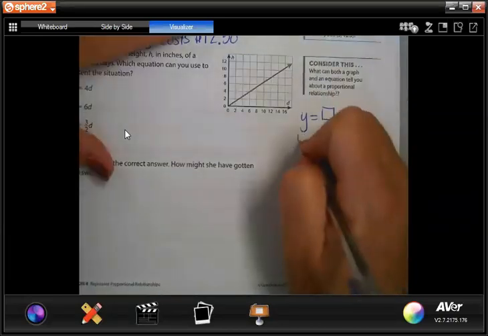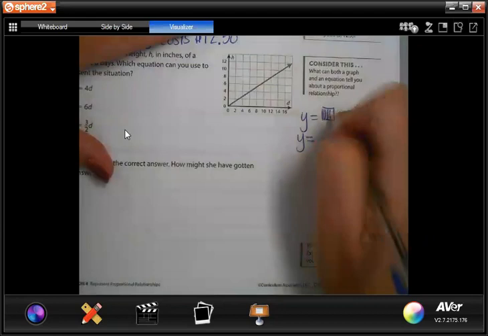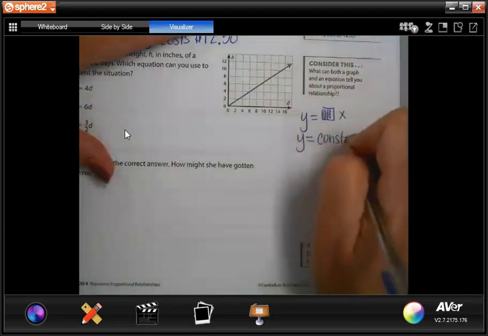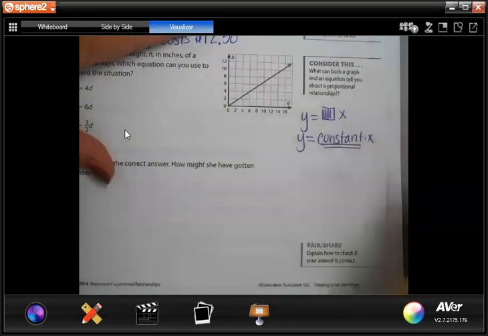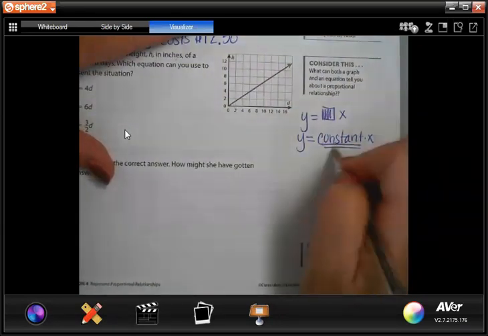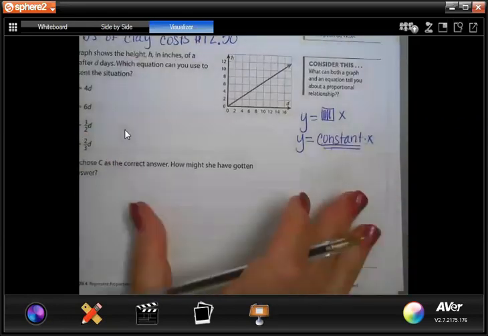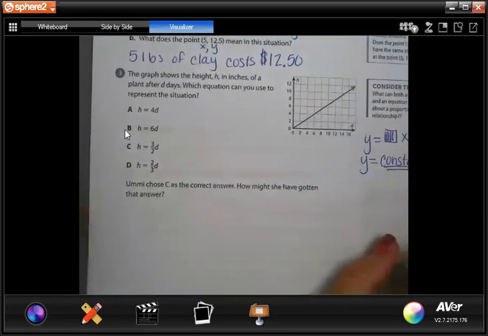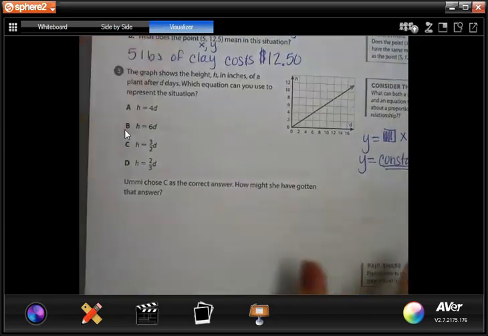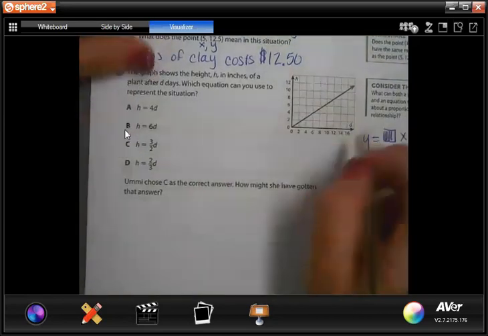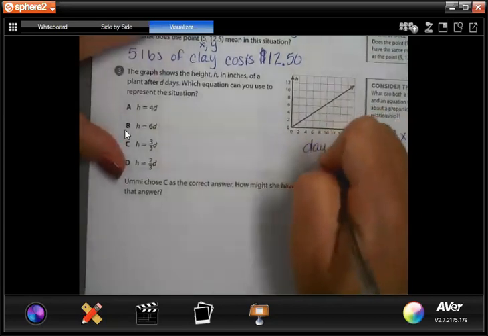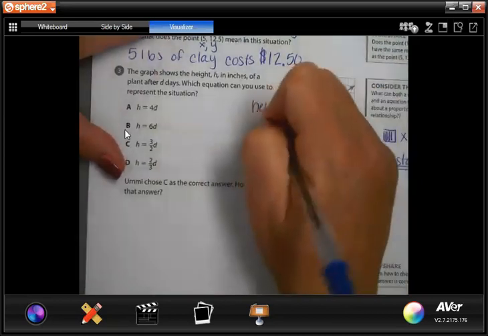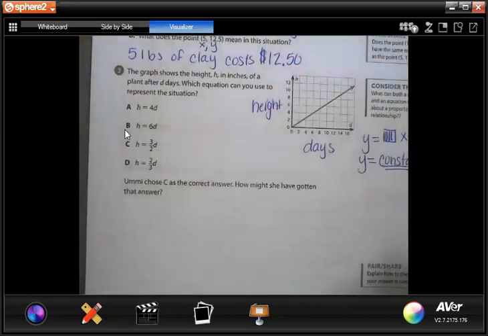And the number that fills in this is actually our constant. So our constant, aka unit rate, goes right in front of the x. So first of all, let's call this down here our days, and let's call this up here our height. We have to find our constant.